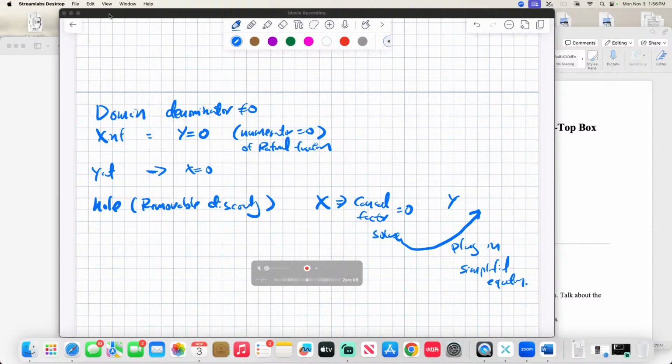Now, how do I find the vertical asymptote? This time it is the denominator equal to 0.